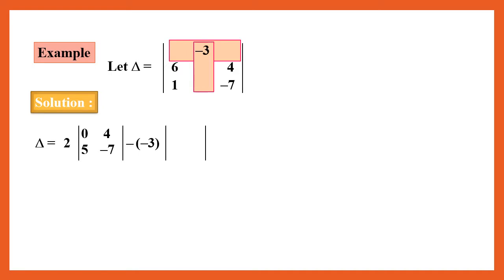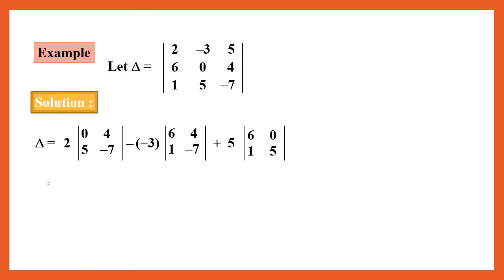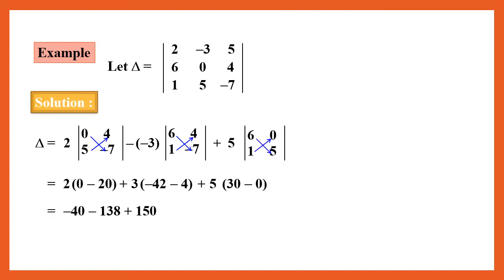Next, minus of minus 3 into 6, 4, 1, minus 7, and plus 5 into 6, 0, 1, 5. Again, on simplifying, we get 0 minus 20 plus 3 into minus 42 minus 4 plus 5 into 30 minus 0. On simplifying, we are getting minus 40 minus 138 plus 150, which is equal to minus 28.